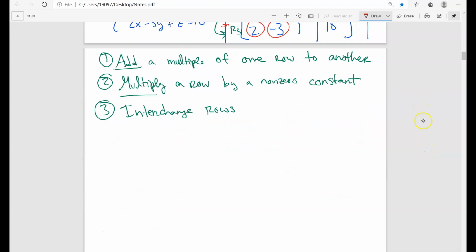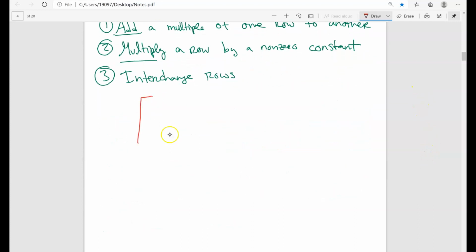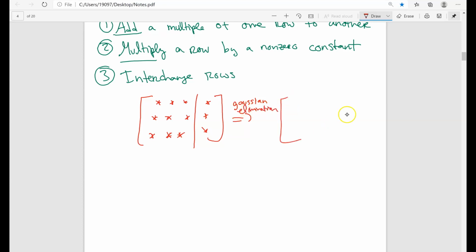So the whole goal is, let me just write it like this. Something that looks like this, because all of these are going to have numbers. You want to use Gaussian elimination, and what you want to get in the end is this.